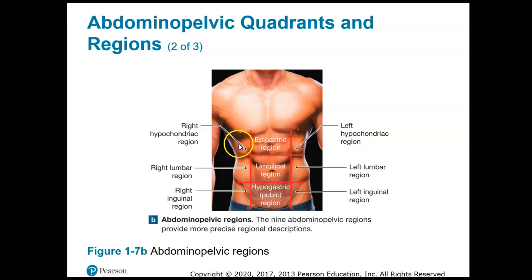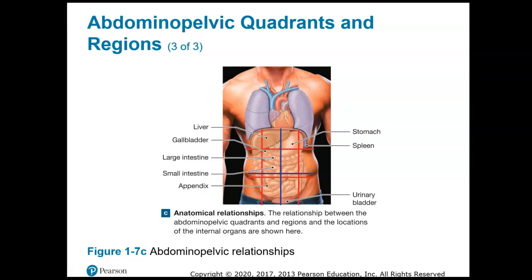But anyway, this is the right hypochondriac region, the right lumbar region, which is parallel to the lumbar region of the back, and the right inguinal region, which is right there at the groin area. Then on the left side of the man, we have the left hypochondriac region, left lumbar region, and left inguinal region. Those are the 9 regions.